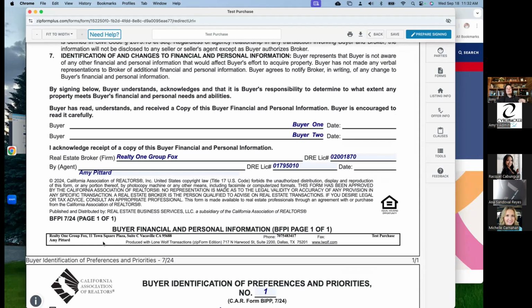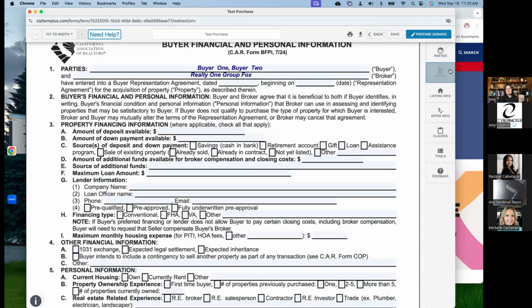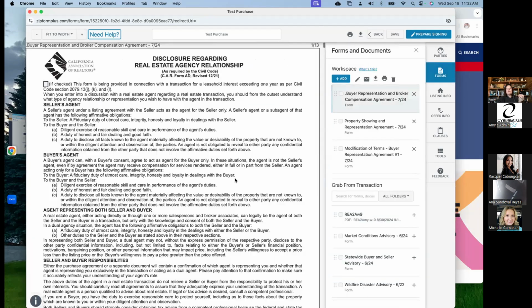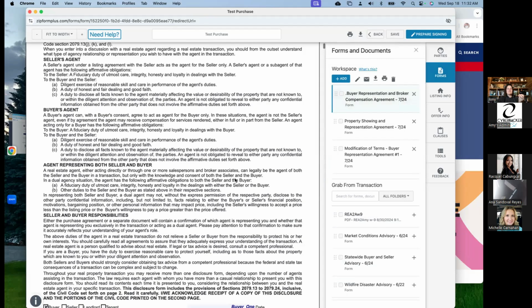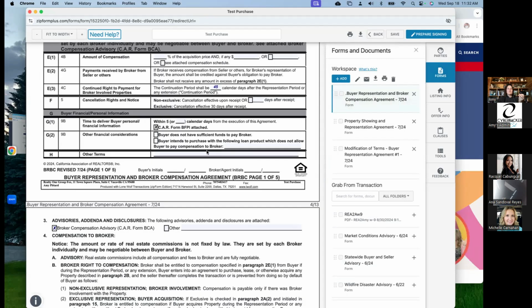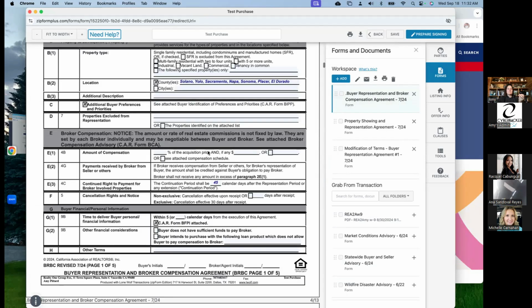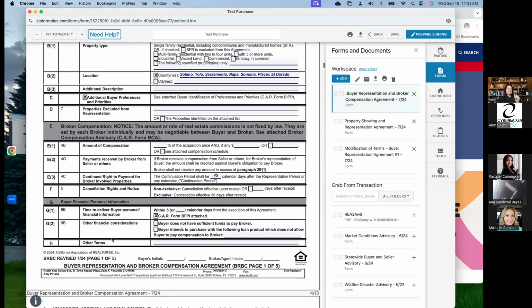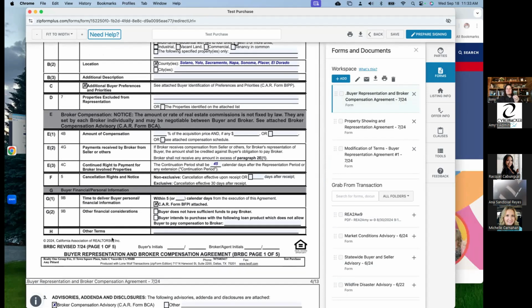Okay, so that's that BFPI form. Technically this one is required based on the information in that BRBC. It tells us that it's either going to be delivered within 5 days, somewhere right here, it's either going to be delivered within 5 days from the execution of this agreement, or that it's attached. The other financial considerations here on G2: buyer does not have sufficient funds to pay broker, or buyer intends to purchase with the following loan product, which does not allow buyer to pay compensation to broker.